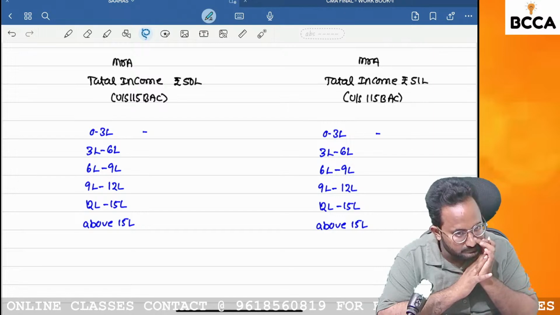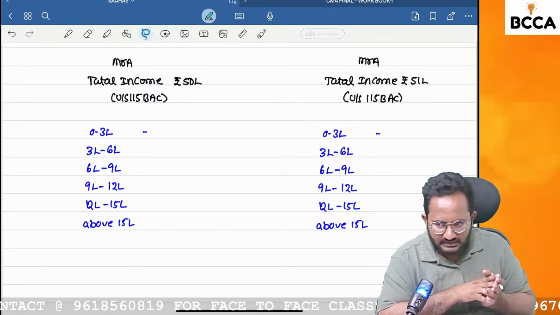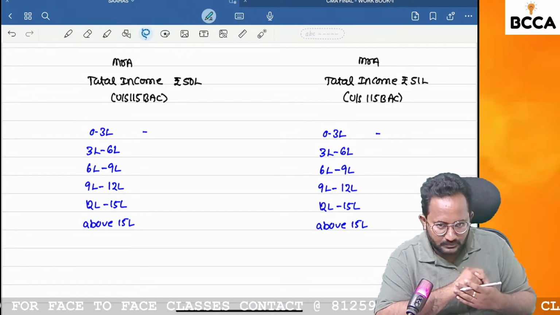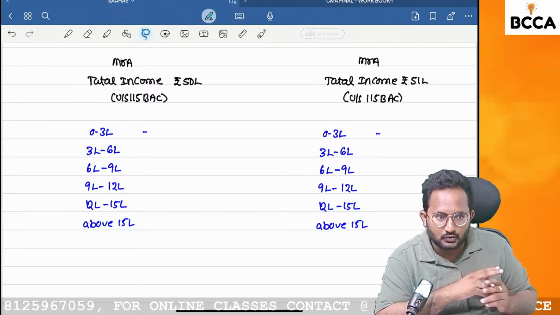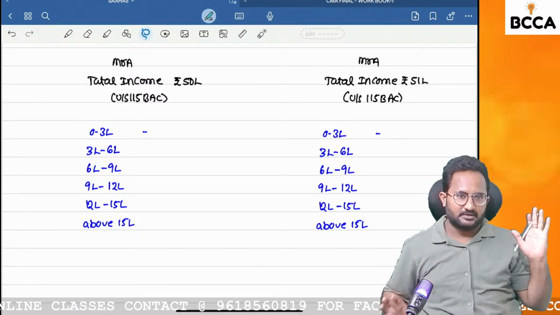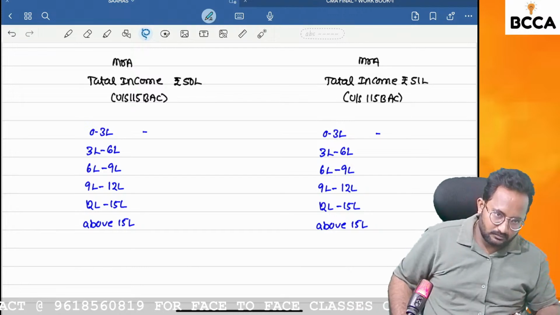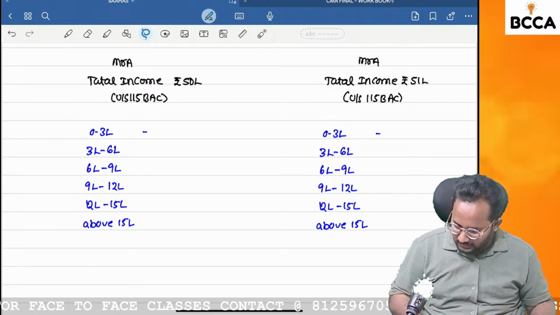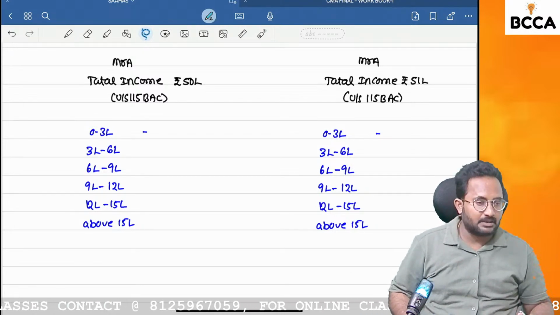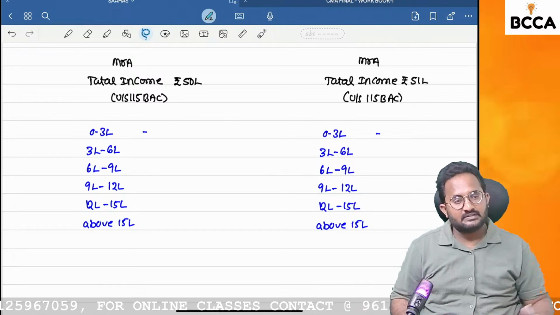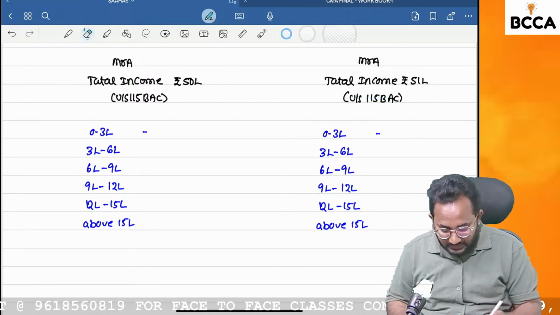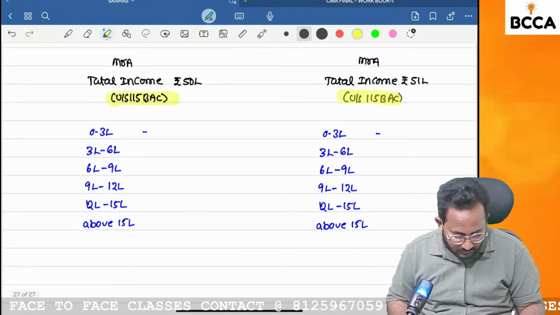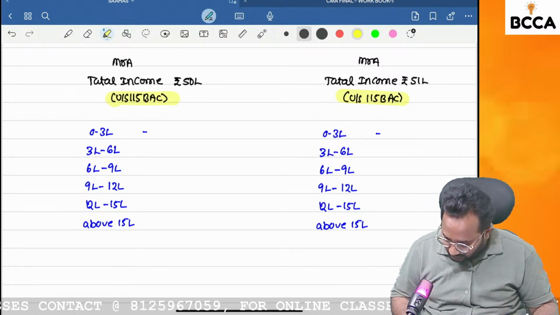Same for surcharge rates under the optional tax rate: 50 lakh to 1 crore, 1 crore to 2 crore, above 2 crore is 25%. Only for individuals. So what are the surcharge rates now? 10%, 15%, 25%. Maximum surcharge rate in case of 115 BAC, what is that? Are you clear up to now?